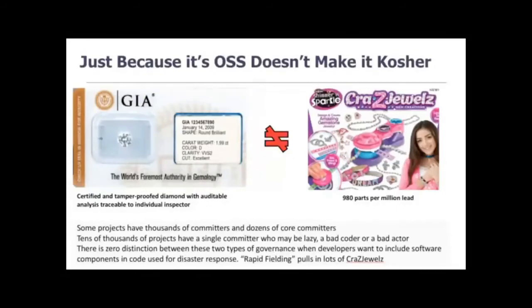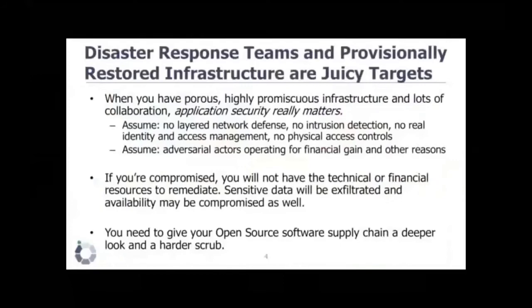We've got to start making some distinctions between open source that's responsibly maintained and stuff that's just lying around that doesn't get maintained. I like to say that a certified diamond and crazy jewels, which you buy out of a vending machine at a supermarket, are both jewelry, but that doesn't necessarily mean they should be put in the same category. So we live in a less innocent world.